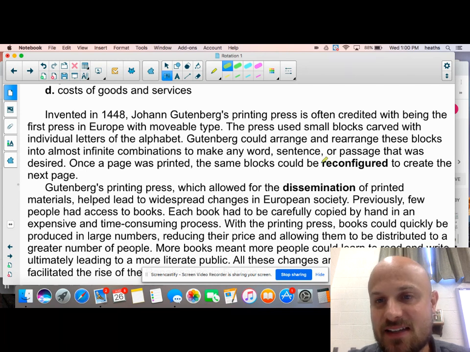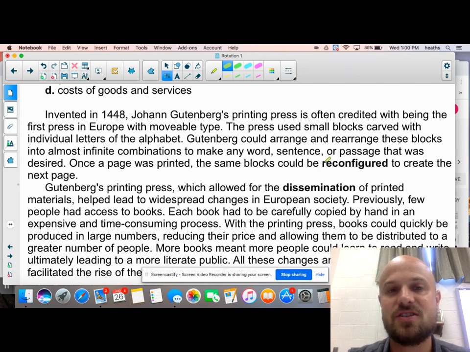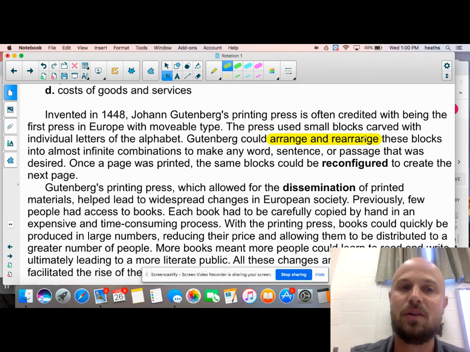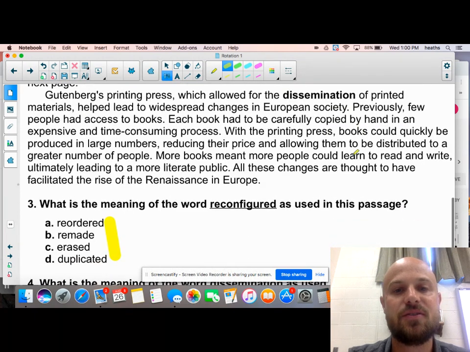I'm going to guess that reconfigured is just another way of saying arranged and rearranged. Okay? Reconfigured those blocks, and if you don't know what that means, earlier in this paragraph, it kind of explained it for you. Arrange and rearrange those blocks in order to use that printing press. Okay, so let's go down to 3.